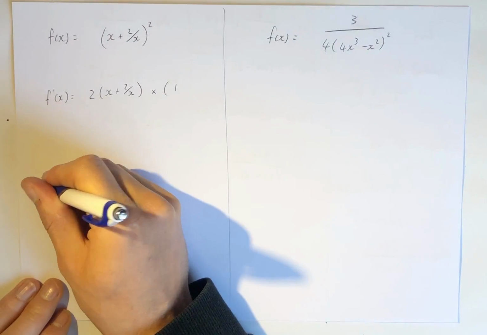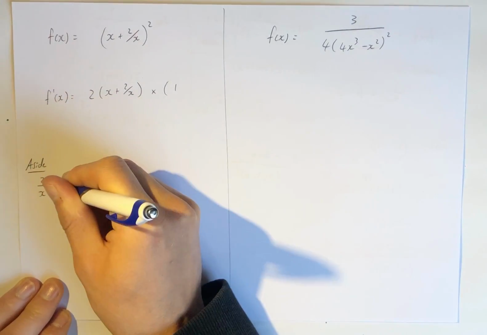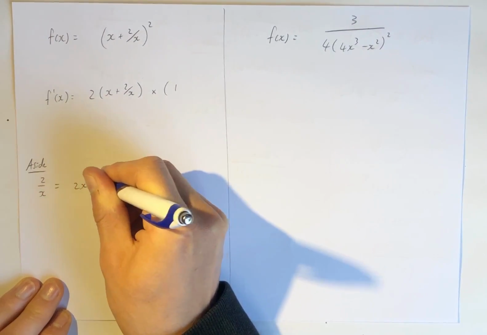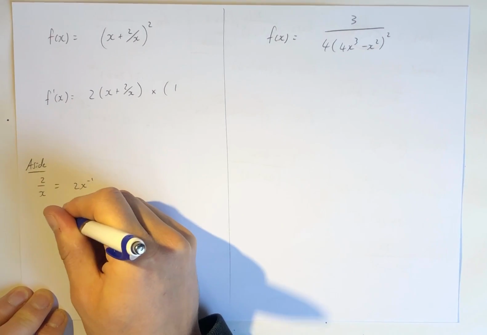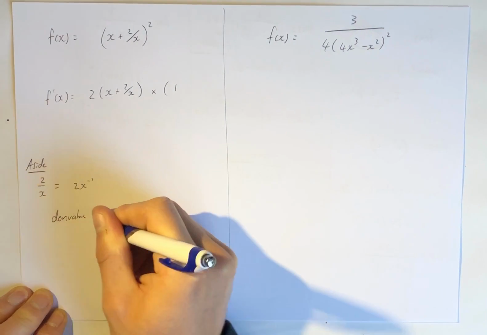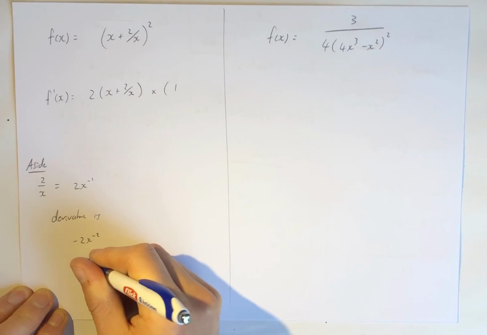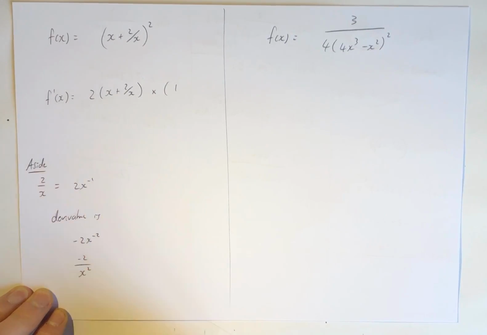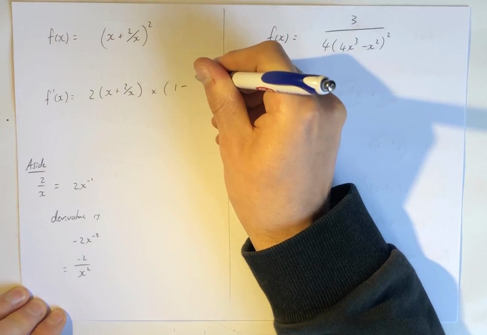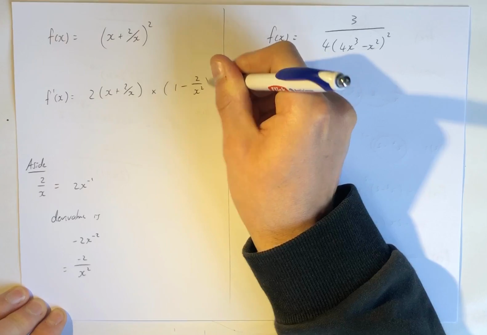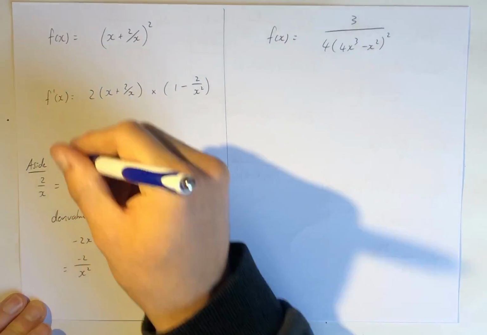This will be kind of like an aside. 2 over x is 2x to negative 1, and so its derivative is negative 2x to negative 2. That's negative 2 over x squared, isn't it? So that's minus 2 over x squared. And I think we'll just leave it at that.